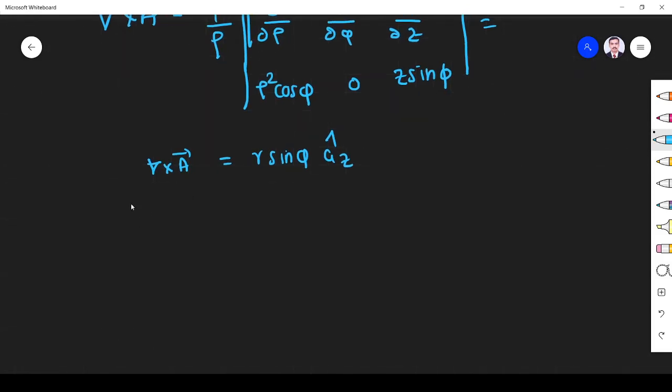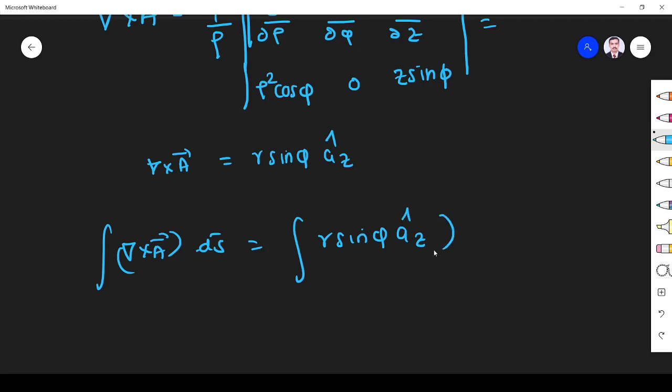Now the right hand side, del cross A dot ds. Del cross A is along rho sin phi a_z.